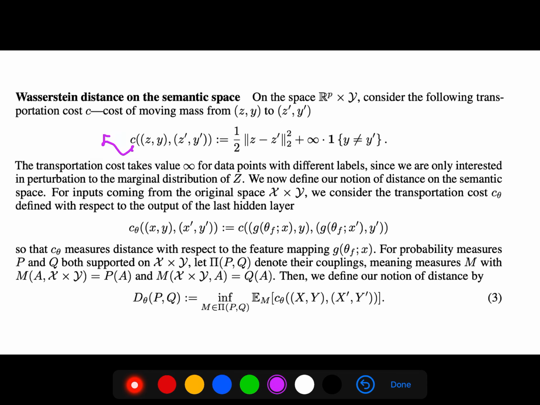For probability measures P and Q, both supported on X and Y, this pi is just their coupling, meaning measures P and Q. So we define our notion of distance using the infimum of this expectation of the cost between x and y and x prime and y prime.